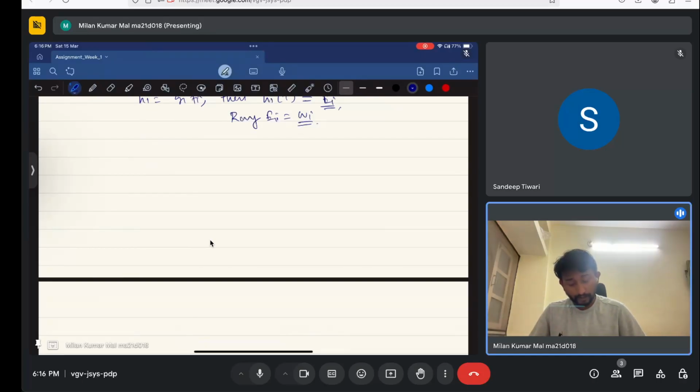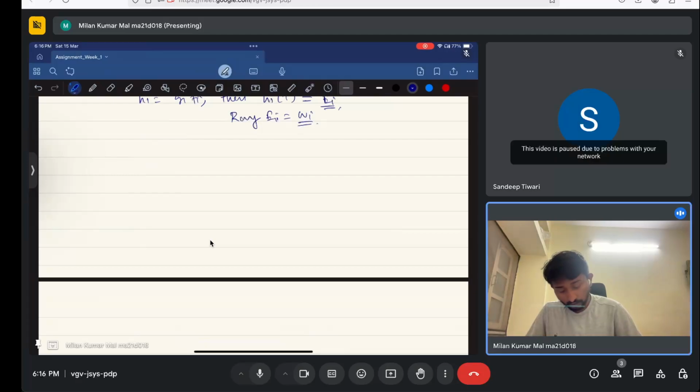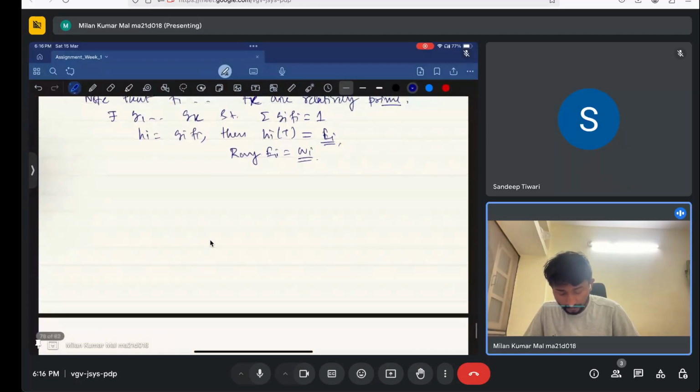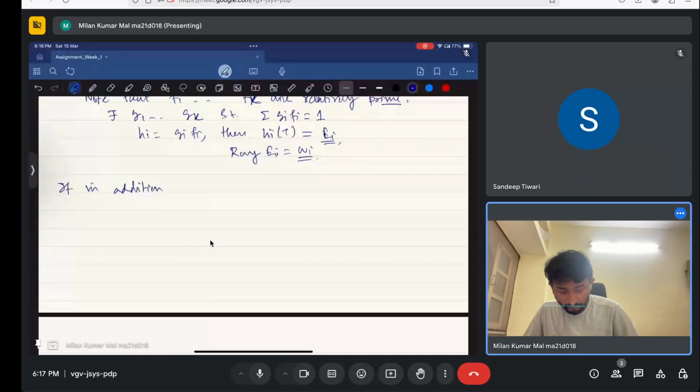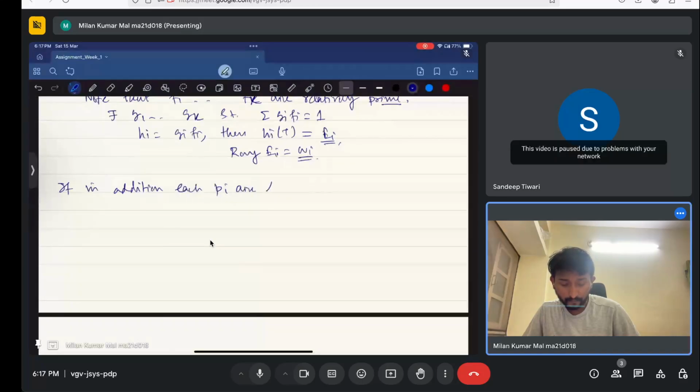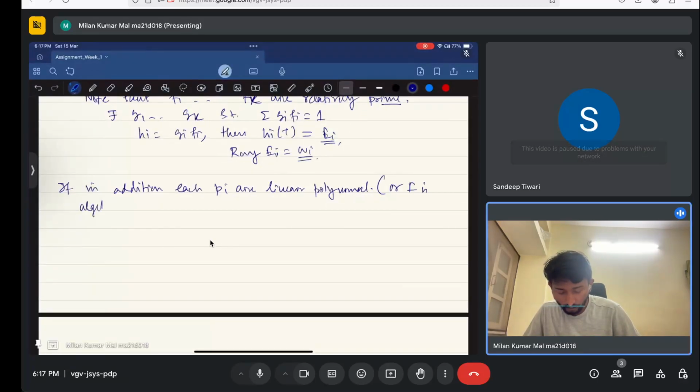Now we have all these things. Now I'll go a little more into the theorems. If in addition each pi is a linear polynomial, or the field F is algebraically closed, then automatically all the irreducible polynomials will be linear polynomials.